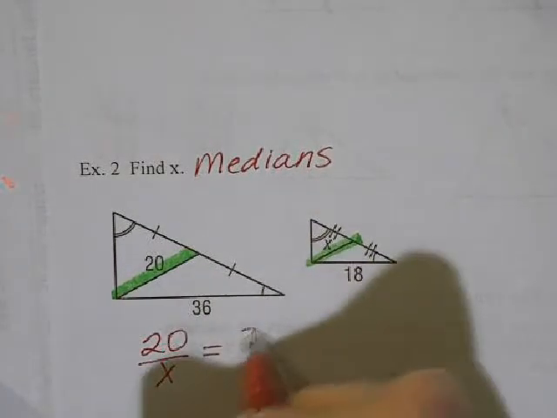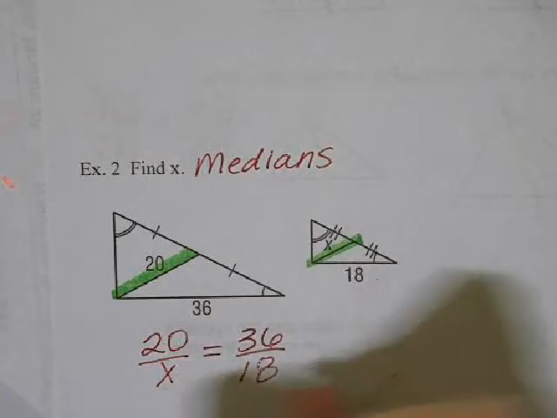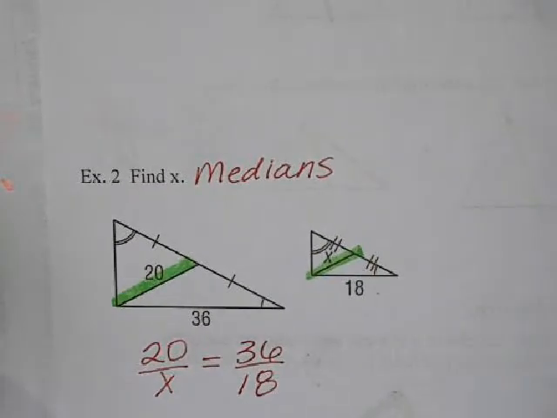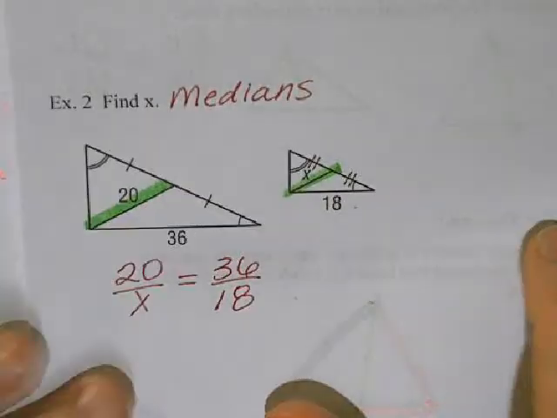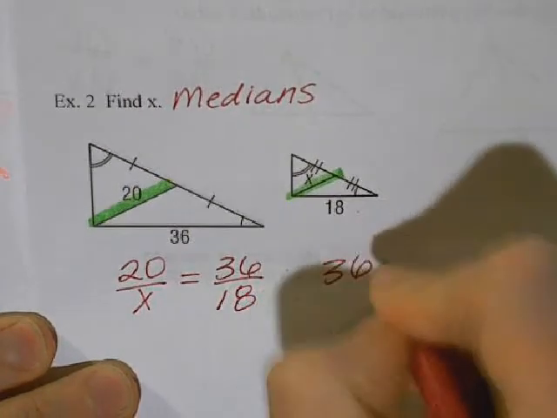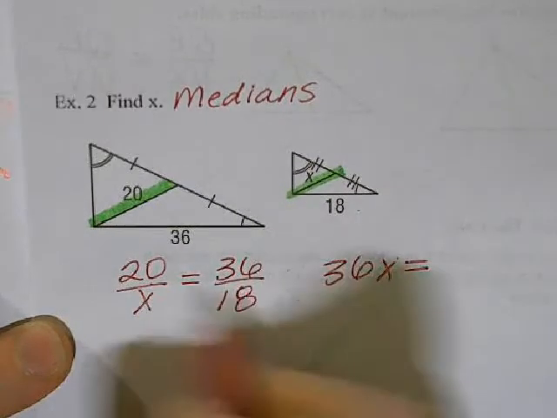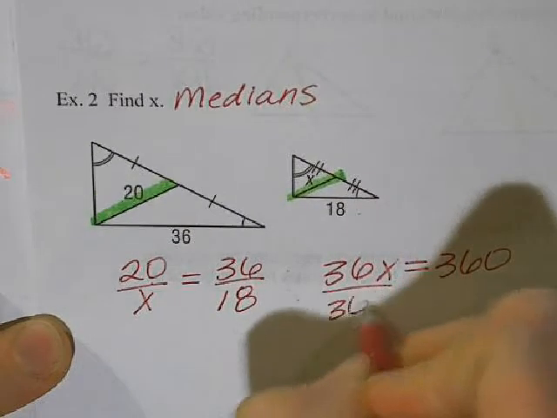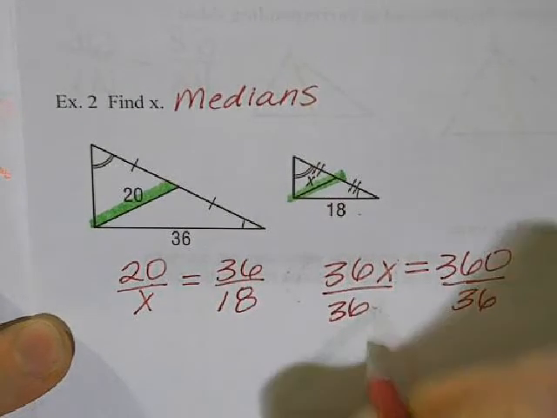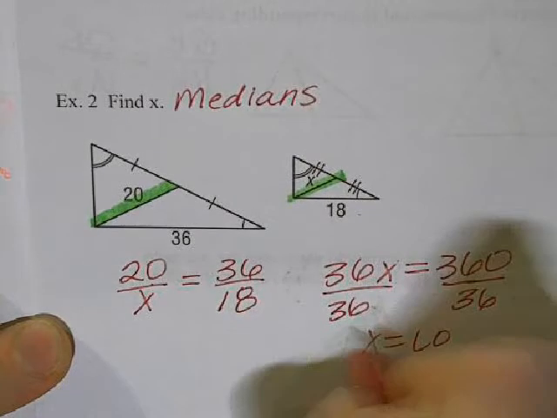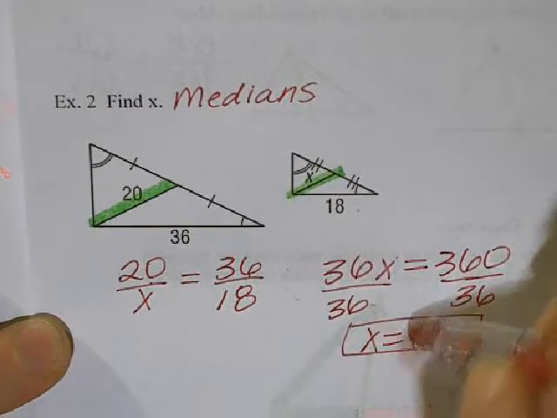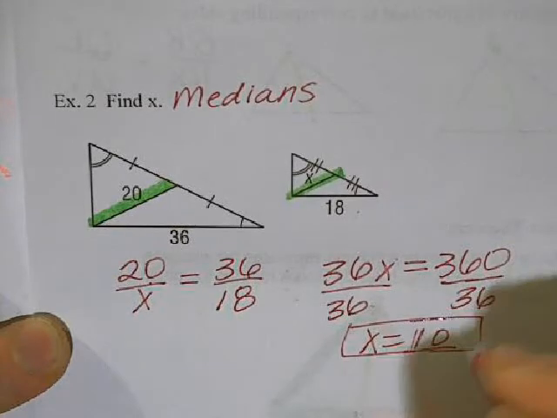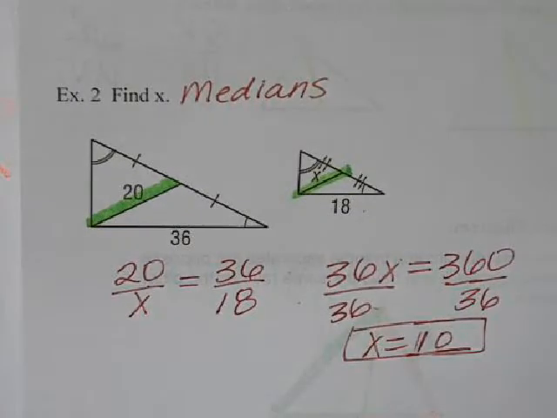So 20 over x equals 36 over 18, and then you just go ahead and solve it. So we get 36x equals, and then 20 times 18 is 360. Divide by our 36 on both sides. x equals 10. The weirdest looking 10 I've ever written. Okay, easy enough.